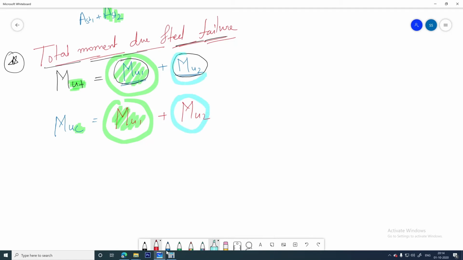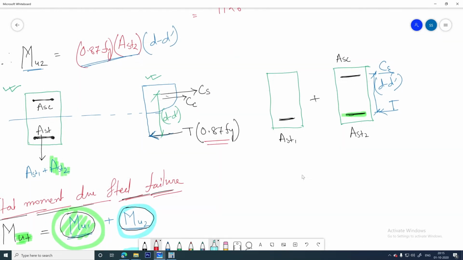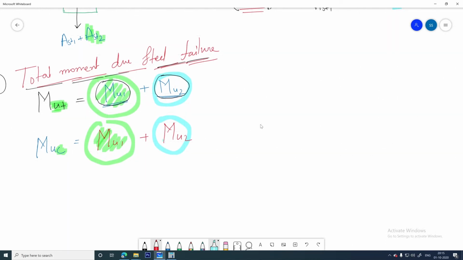Because you see that when you determine the Mu2 for this steel failure, there we have considered this AST2, but when you determine this Mu2 for concrete failure, then you will need to consider the ASC.